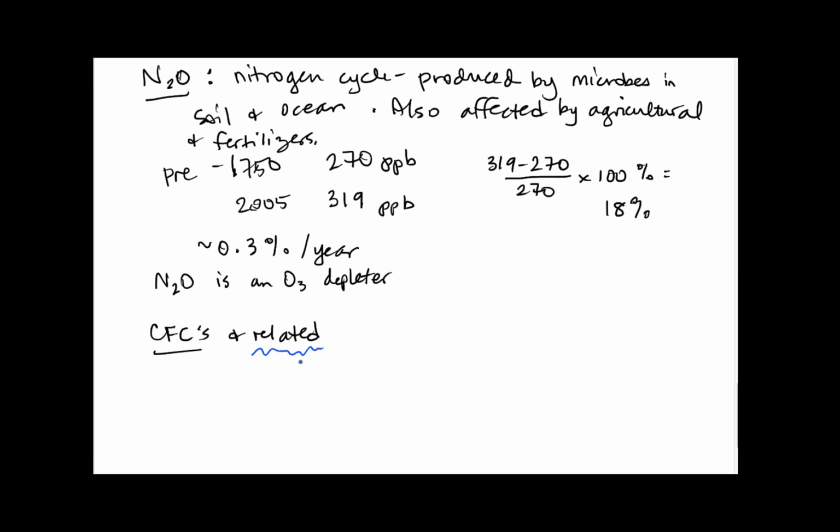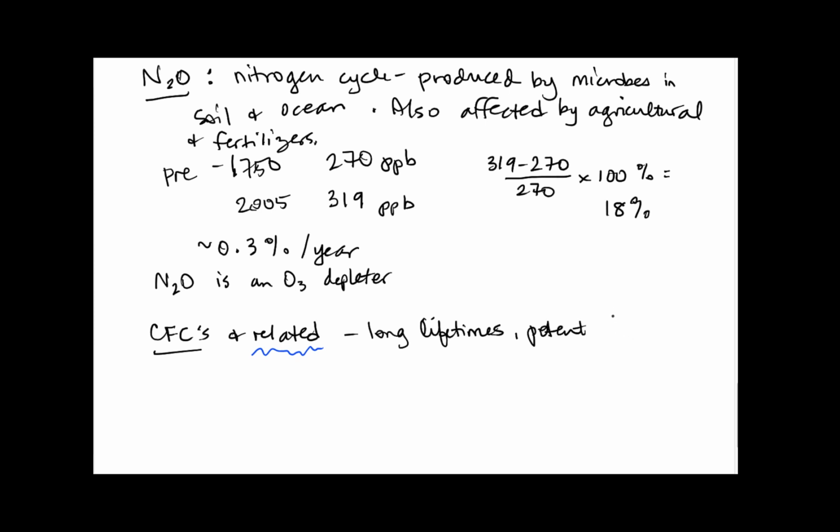These ones that are not ozone depleters, the HCFCs, the HFCs, and all of the newer compressor gases, these are also really potent greenhouse gases, and they have long lifetimes, and they are increasing in use.